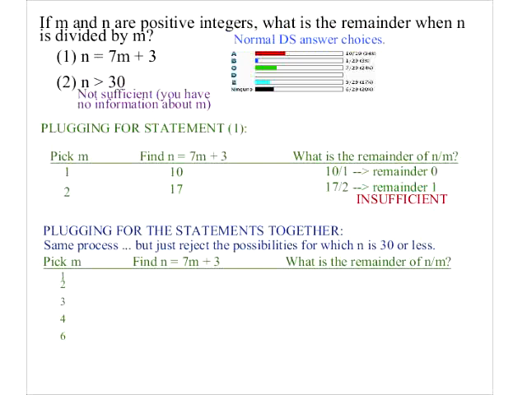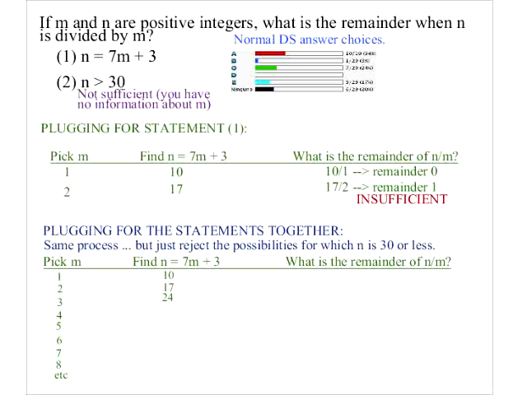Okay. 1, 2, 3, 4, 5, 6, 7, 8, etc. So 7m plus 3: this is 10, that's too small, it doesn't count. That's 17, it's too small, it doesn't count. That's 24, it's too small, it doesn't count.